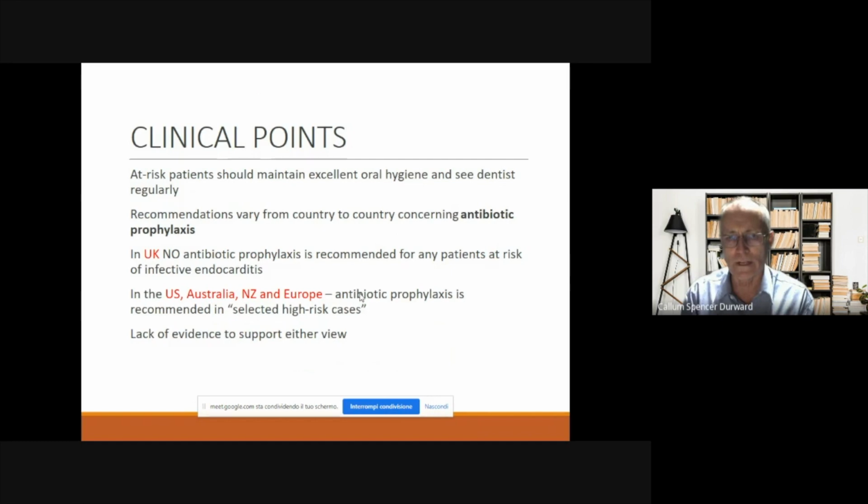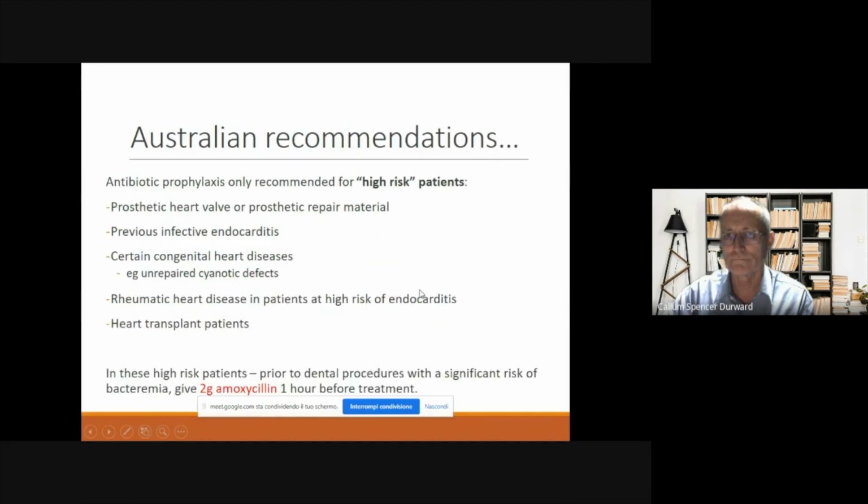But in the US, Australia, New Zealand, and Europe, antibiotic prophylaxis is recommended for selected high-risk cases. However, there is a lack of evidence to support either view. As an example, these are the Australian recommendations.